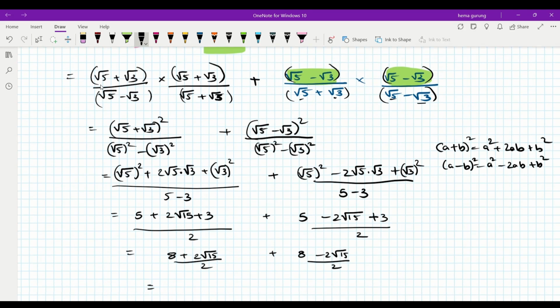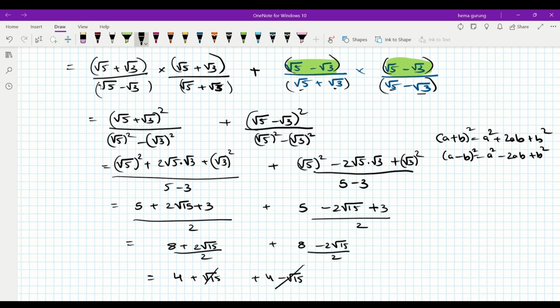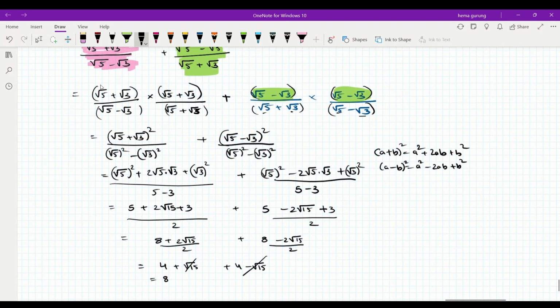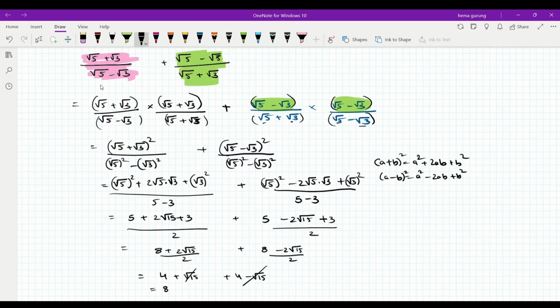You can divide each term by 2. You'll get 4 + √15, here also 4 − √15. √15 gets cancelled, and your answer is 8. That's how we did it. It's just simple, but the thing here is we need to do it twice.